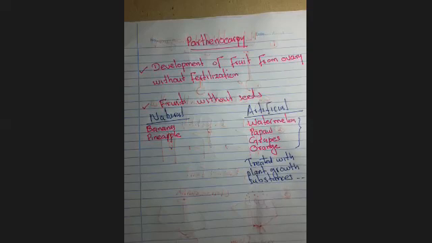Banana and pineapple are examples of natural parthenocarpy. All these ones come under parthenocarpic.